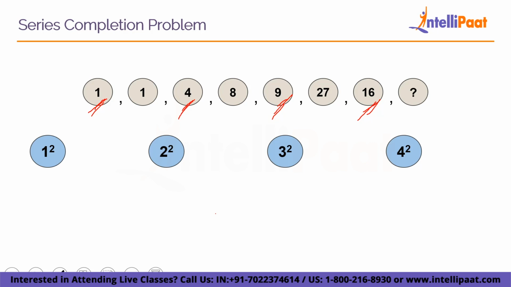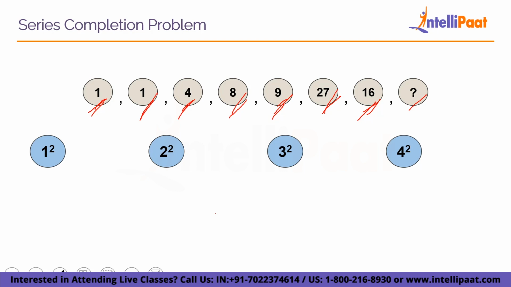So we should also see what these others are. We can see here that this is the cube of 2 and this is the cube of 3, right? So this will be the cube of 1.